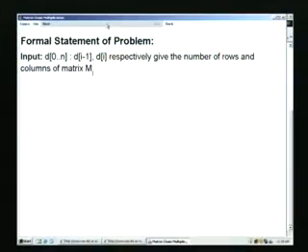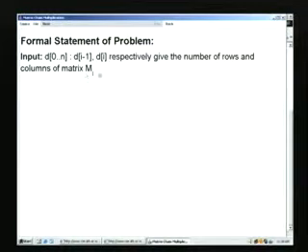So, we are now ready to give a formal statement of the problem. Our input consists of an array D0 through Dn. This is going to represent the dimensions of the matrices. Di minus 1 and Di respectively will give the number of rows and columns of matrix Mi.